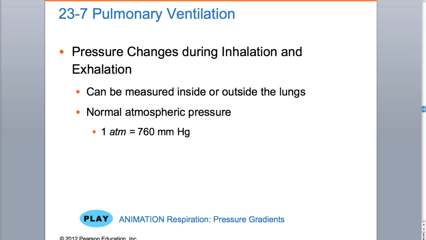Now, when we talk about pressure, we've got to go back to a little bit of the physics and chemistry. At sea level, the outside air is about 1 atm, or 1 atmospheric pressure. And 1 atm is about 760 millimeters of mercury. Notice the slide has a conversion there.